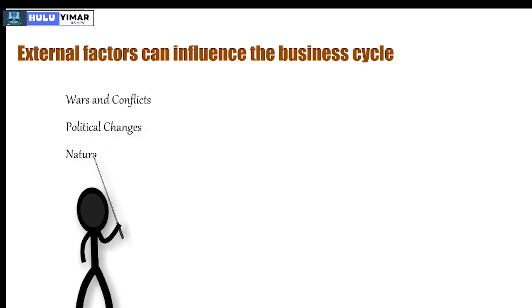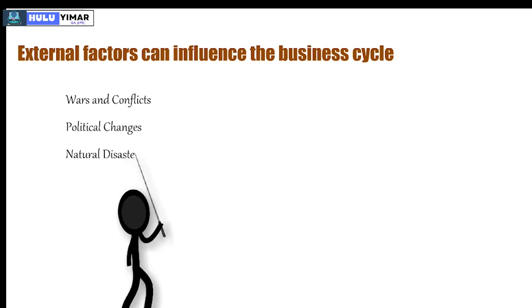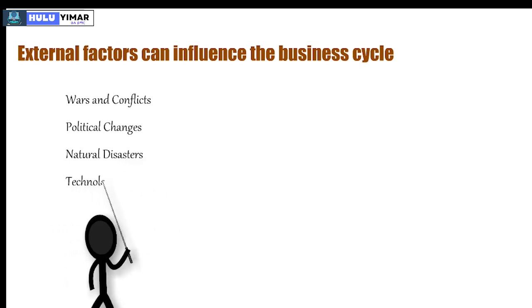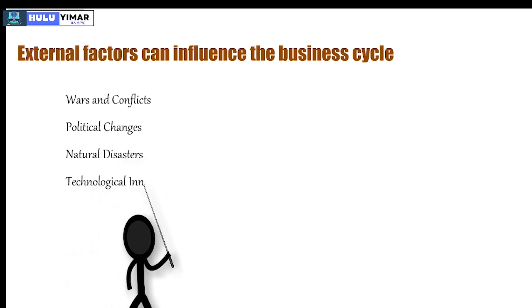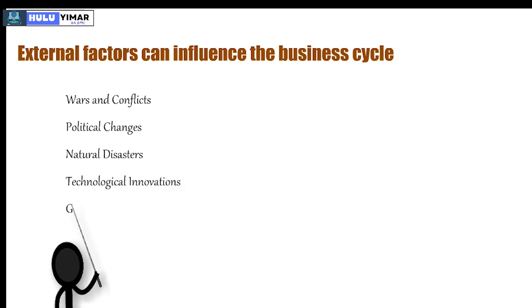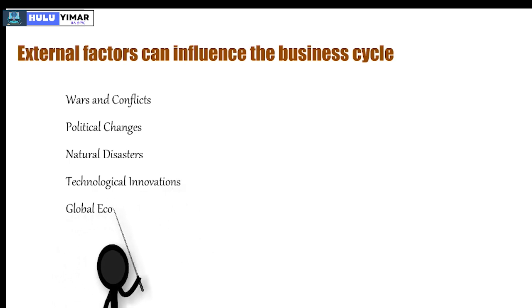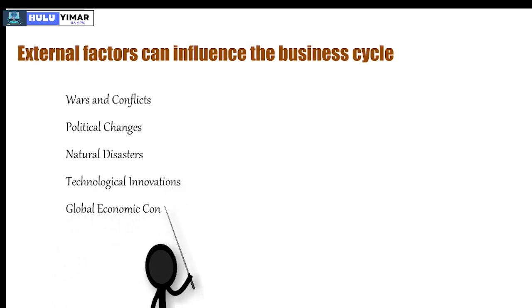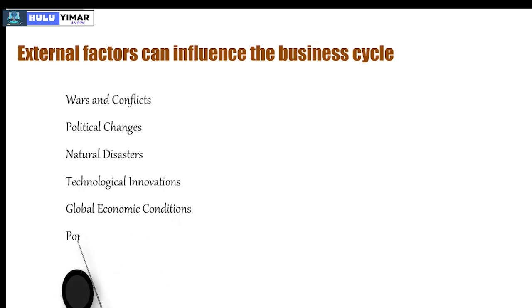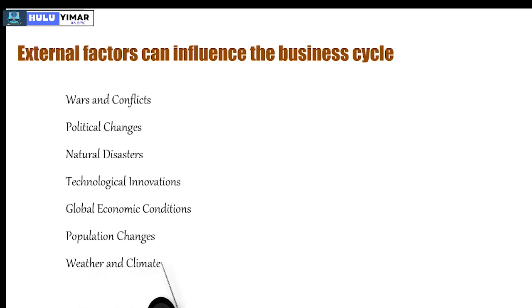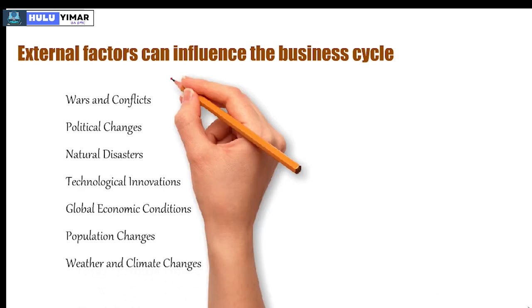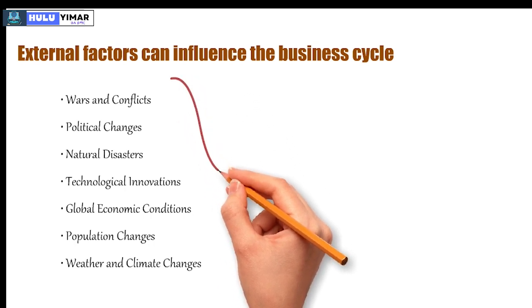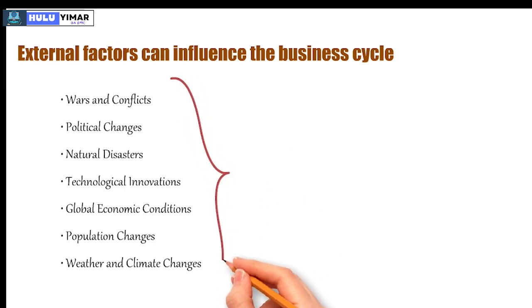We can also mention natural disasters such as earthquakes and hurricanes, technological innovation, global economic conditions, population change, and weather and climate changes. They can also affect the business cycle as external factors.